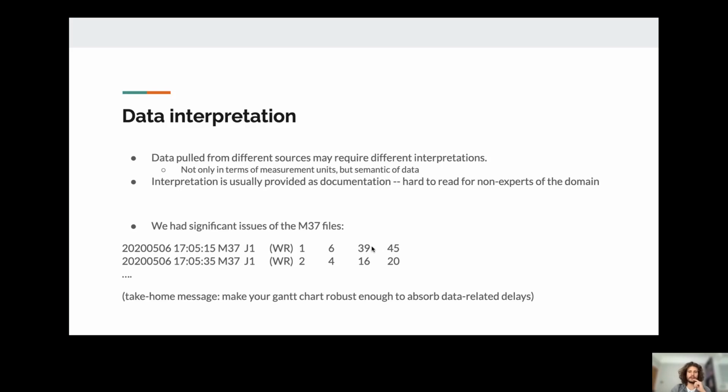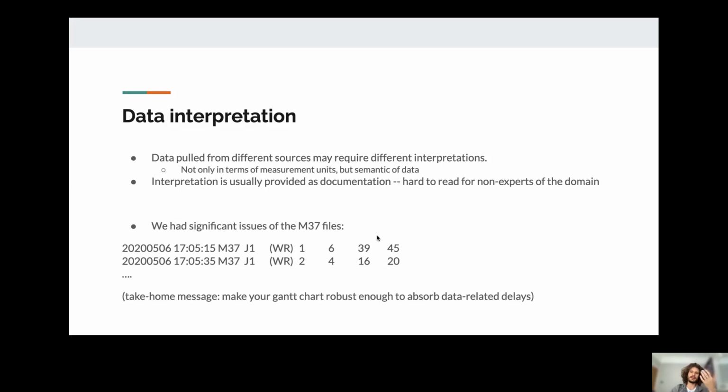And what happened to us is that you don't know if a line is describing something which is going to happen or that has just ended. Of course, we picked the wrong interpretation, something which is going to happen. Instead, the SCOOT system is telling you that in the past 45 seconds, sorry, this stage 1 was on.